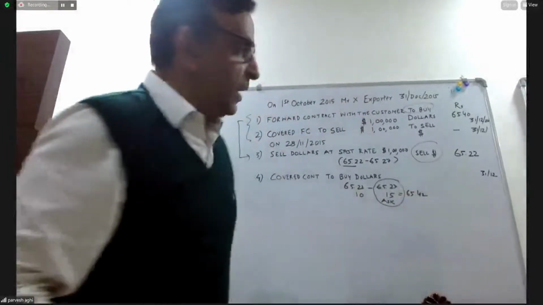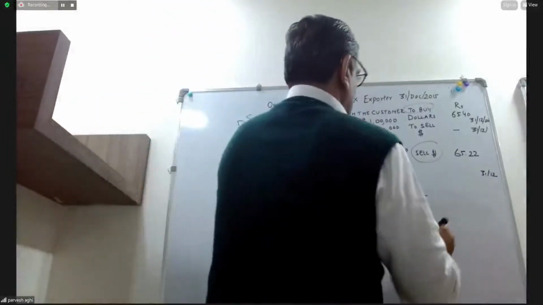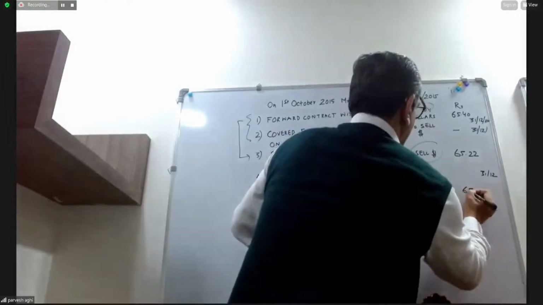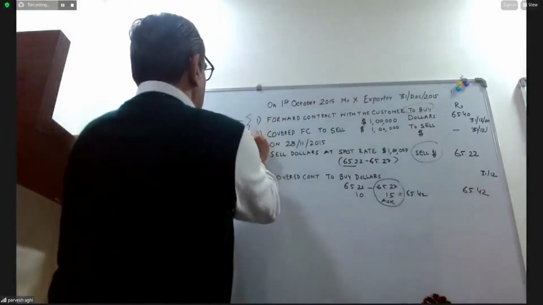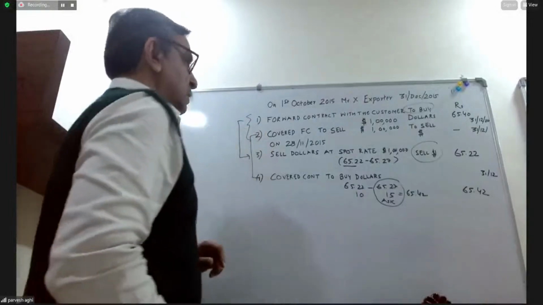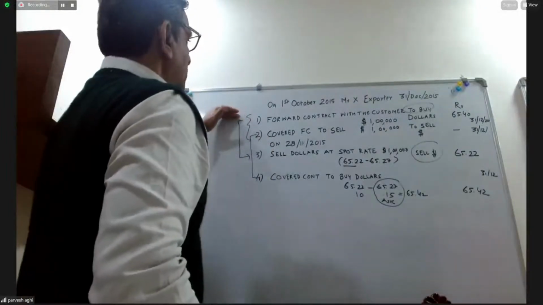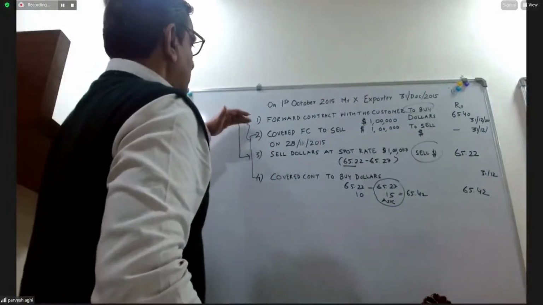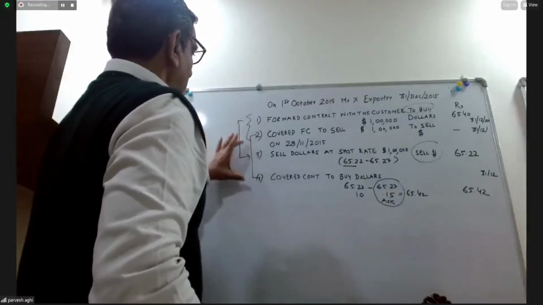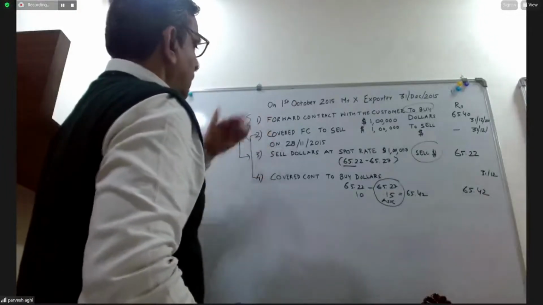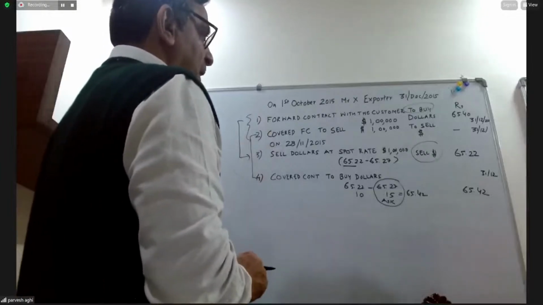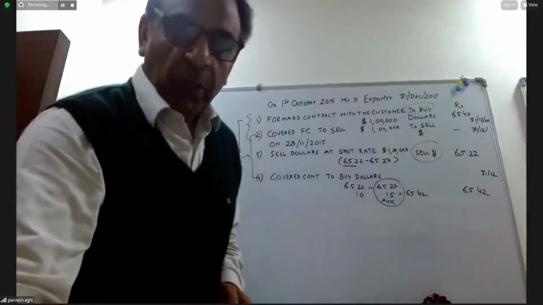The bank is going to buy these dollars at 65.42. So this transaction has got nullified because of this transaction. They first bought, then they sold initially, and then the third and the fourth contracts are actually taking care of reversing both the contracts which they entered earlier.